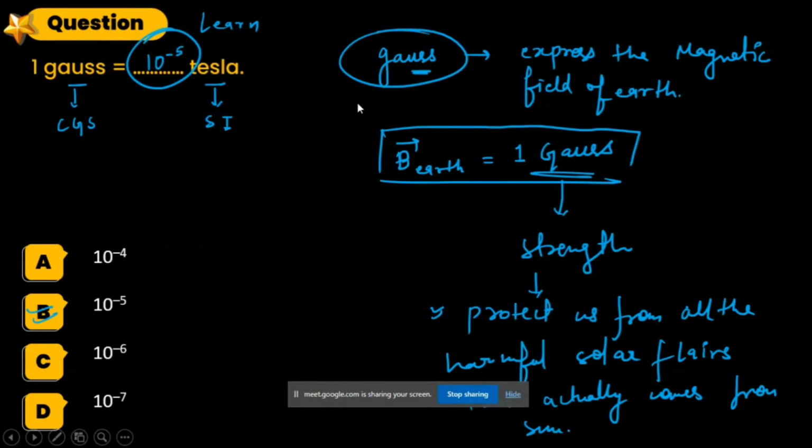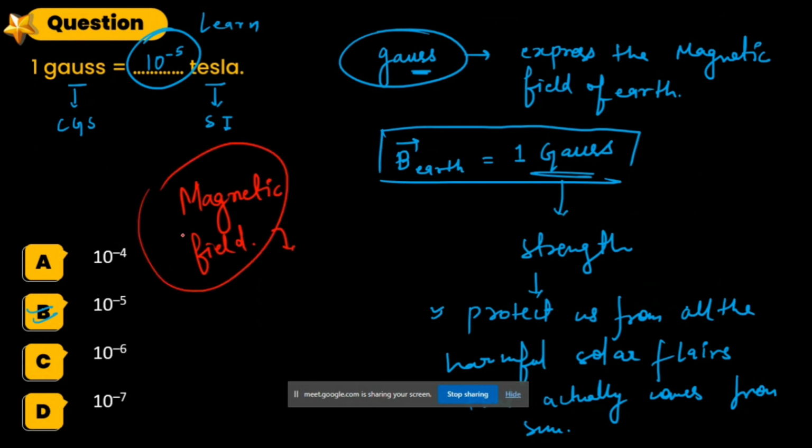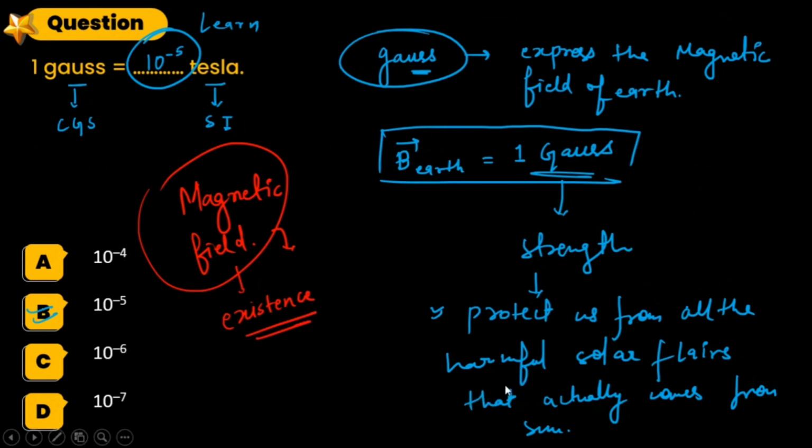So we can say that magnetic field is not just something which is responsible for attraction and repulsion. The magnetic field which Earth possesses is actually responsible for the existence of Earth. If it were not here, most of the solar flares coming to Earth would strike the Earth and it would cause an uninhabitable zone here on Earth.